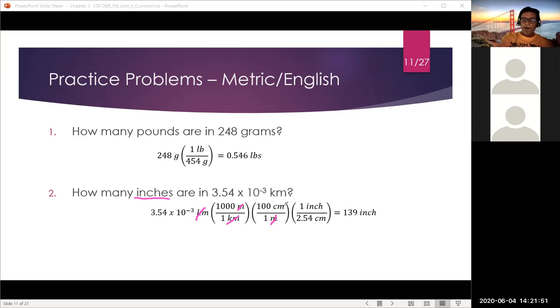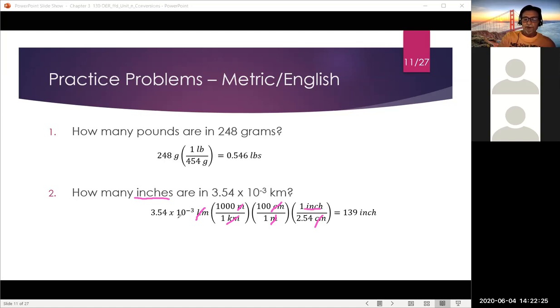Now I'm getting close because from my conversion factor in the shapes table, 1 inch is equal to 2.54 centimeters. So I put my next factor here. I double check my units. Everything's set up properly. Everything cancels out, leaving me my final units in inches, which is what I'm looking for with respect to units. Now the math is on you.